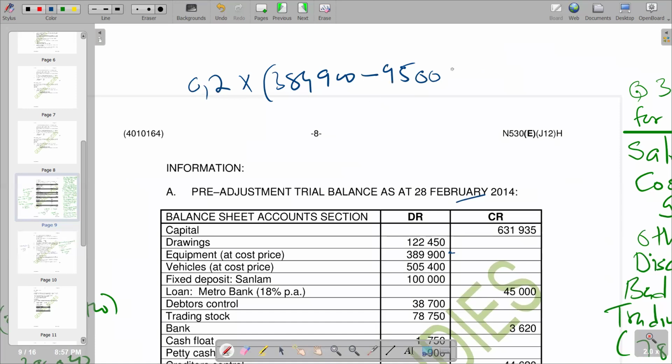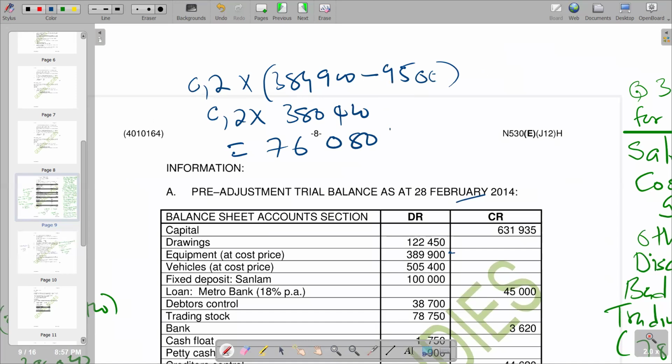So we calculate there. If you simplify it further, it's going to be 0.2 times 380,400, and the figure that you're going to get is 76,080.